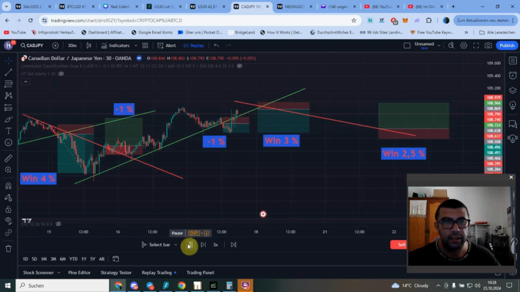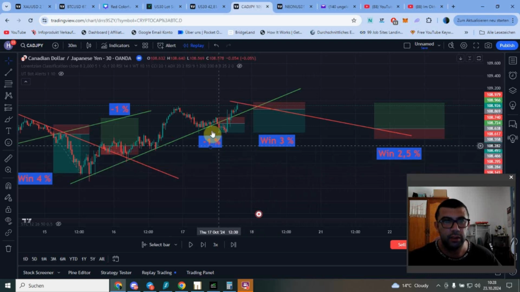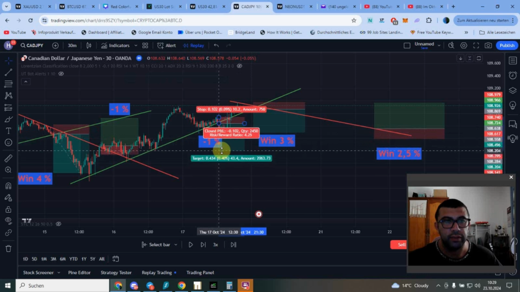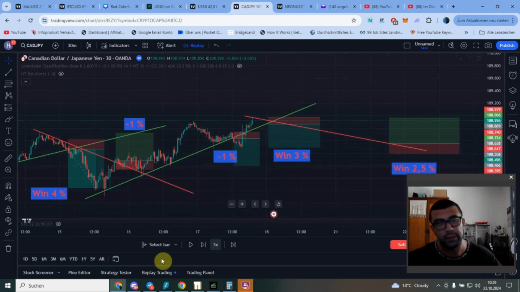As you can see, I got immediately stopped out, because originally this was the profit target downstairs, but it did not hit. I lost this one again, but we are still 2% up.